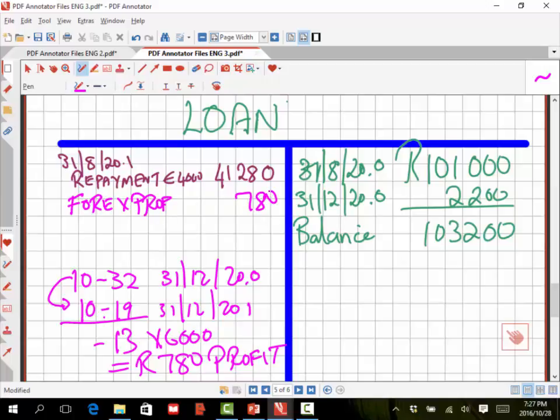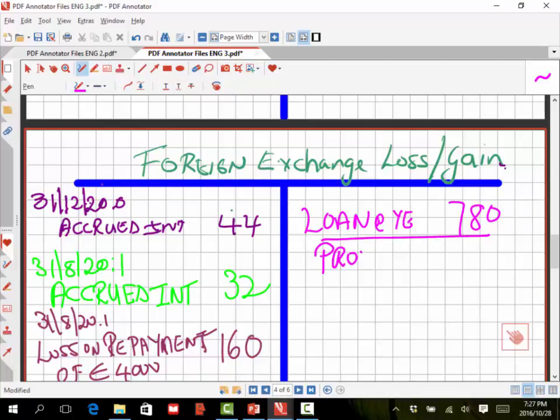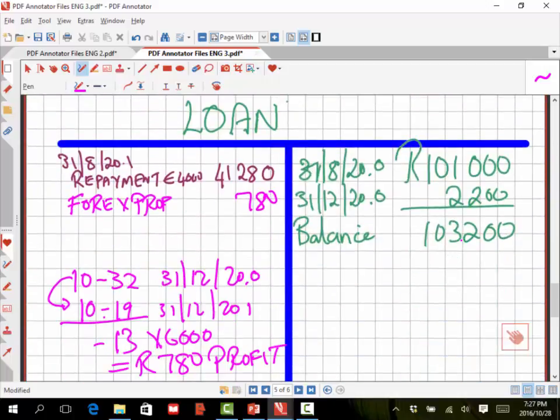Now that will then be adjusted loan at year end, and that is our 780 adjustment. Now as you can see there, it's a credit, so that is a profit. So there, we have now adjusted the balance of this account.